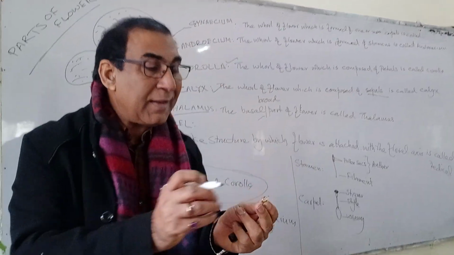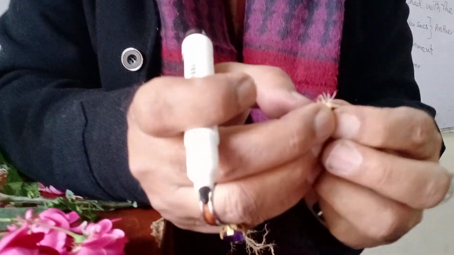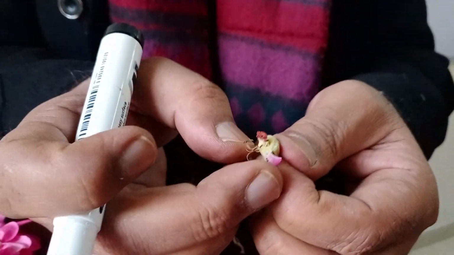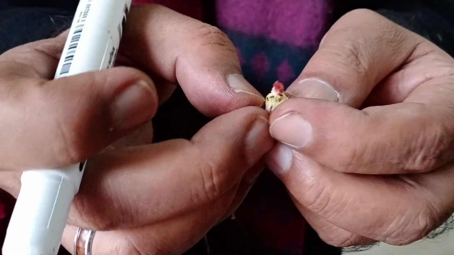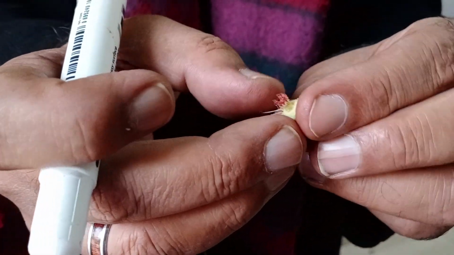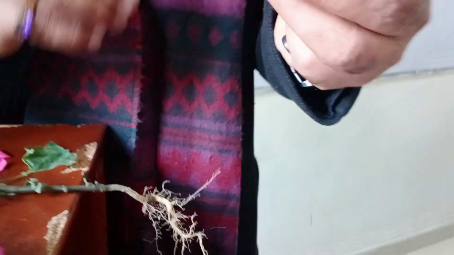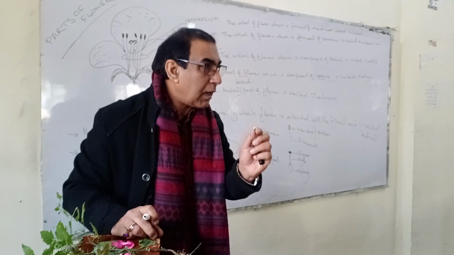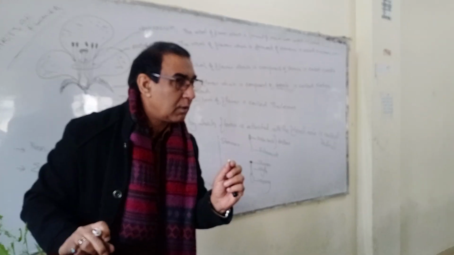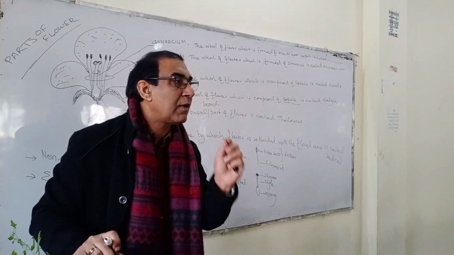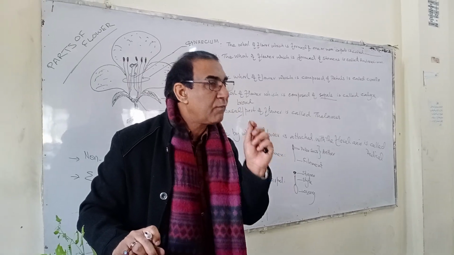one or many carpels. Here many carpels are there. The number of carpels varies from family to family and flower to flower.